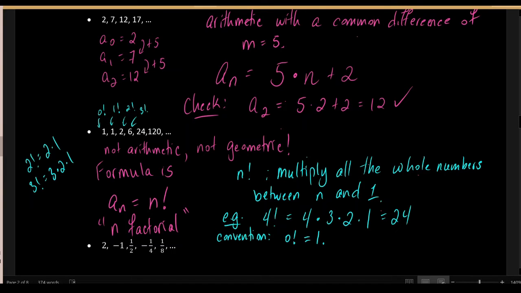We calculated earlier that 4 factorial was 24, and then you can also calculate that 5 factorial, 5, 4, 3, 2, 1, is 120. So this is the sequence corresponding to the factorial. Neither arithmetic nor geometric, but we will be seeing it pretty often as we go forward in this chapter.